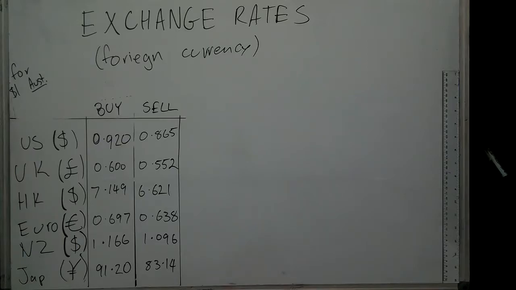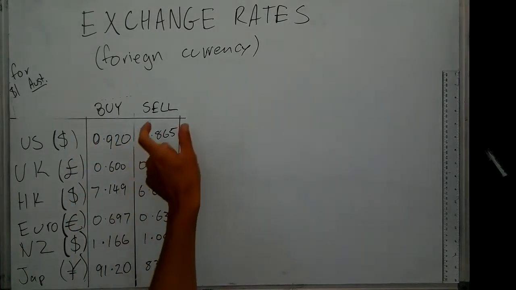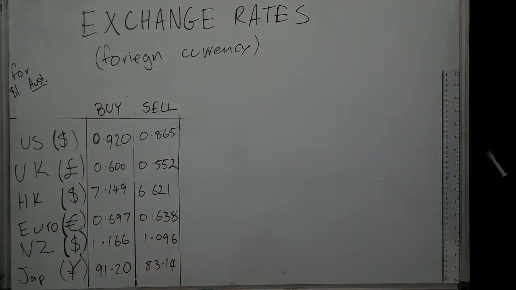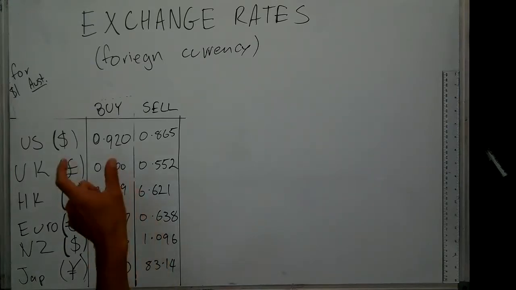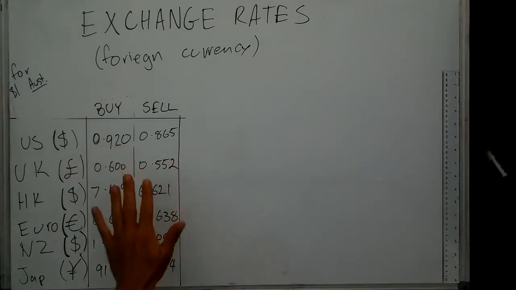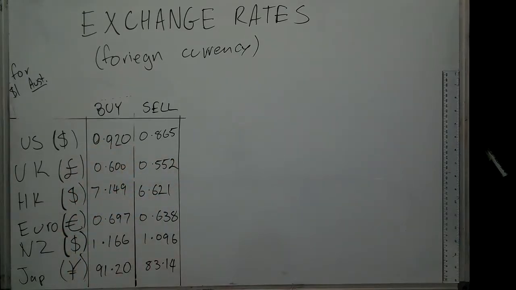Okay, so essentially what I have here is a sample of currencies, and we have two sets of numbers, a buy rate and a sell rate. When you look up exchange rates nowadays, it's really hard to find the buy and sell rate, but this is how banks do it.